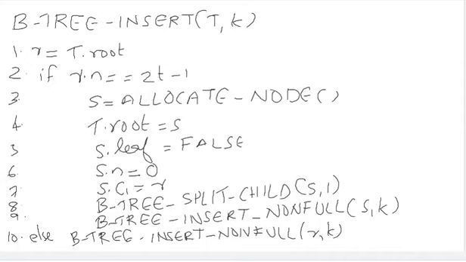Suppose we have a node, and this one is going to be the root of this tree. This is the root, T.root.